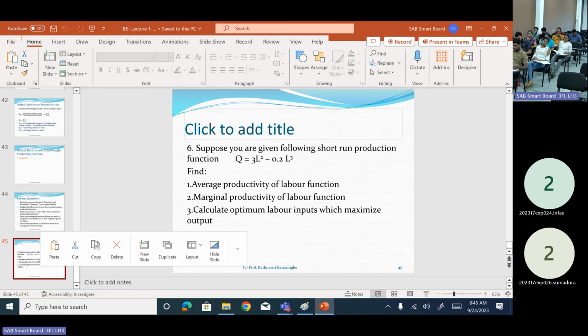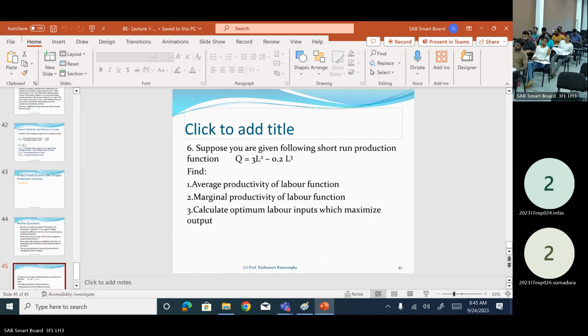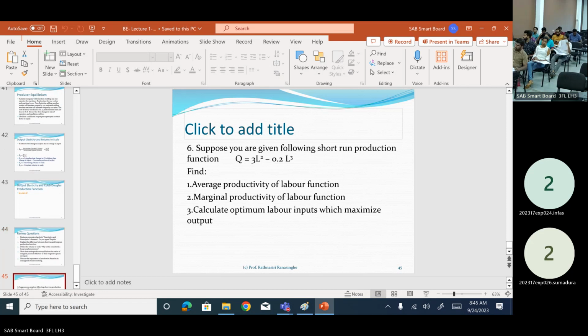Now we have this simple one, no? You ask, the production function is given, no? Average productivity is Q divided by L, right? So that's the average productivity.